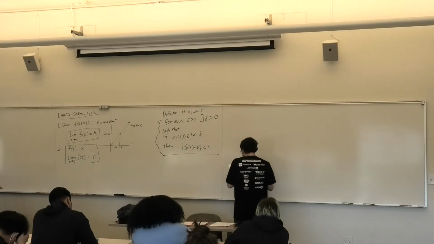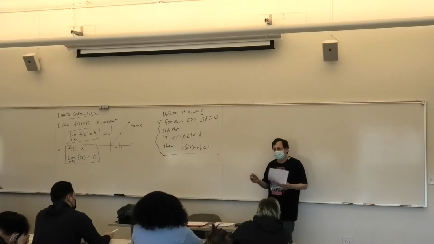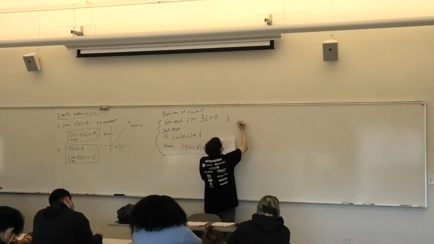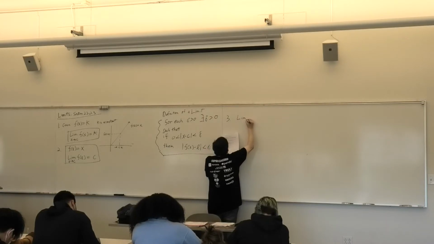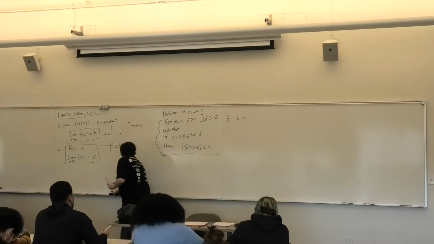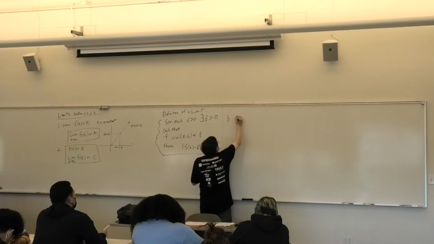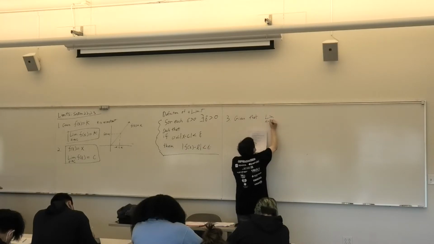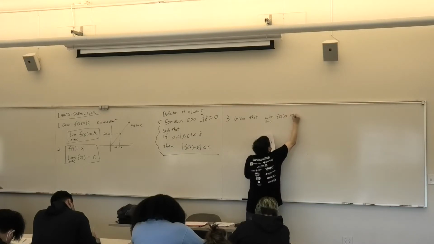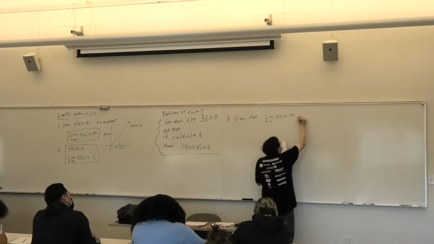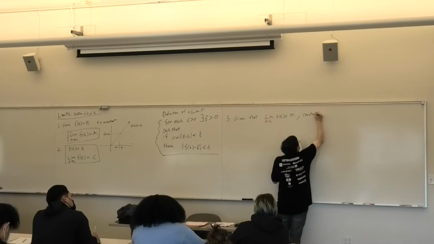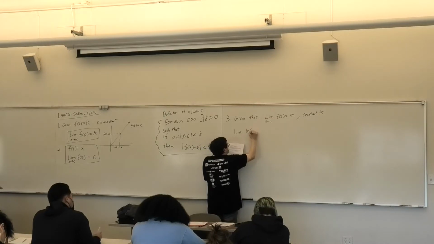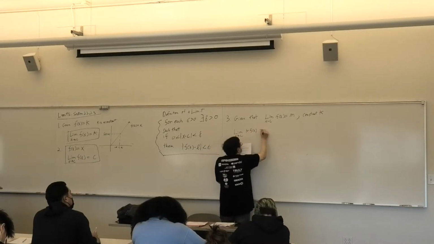Let's look at something a little more. I think I'm going to leave off the delta epsilon proofs from here because they're not really necessary. Tool number 3 is, given that the limit as x approaches c of f of x equals some m, and given some constant k, we have that the limit of k f of x as x approaches c equals k times m.